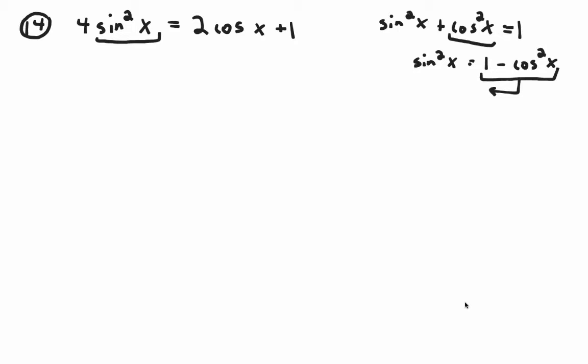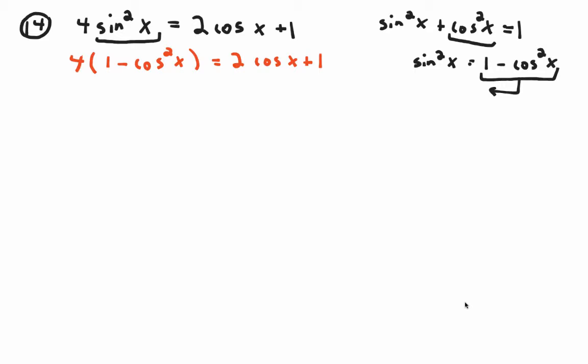for sine squared x. So now you're going to have 4 times 1 minus cosine squared x equals 2 cosine x plus 1. And now we simply have, it's a quadratic.